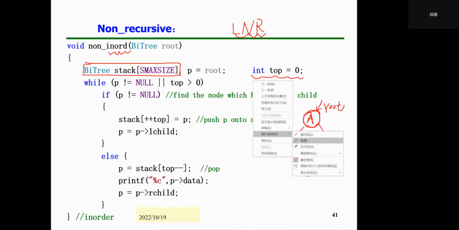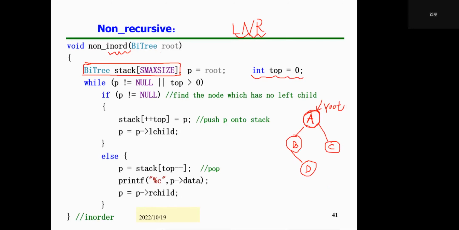So for this binary tree, when we write the non-recursive program, the first thing we need to do is find the node which has no left child. That will be the first node we visit in inorder traversal. So when we start from A, we go left, right?